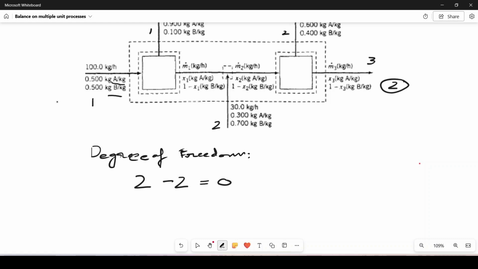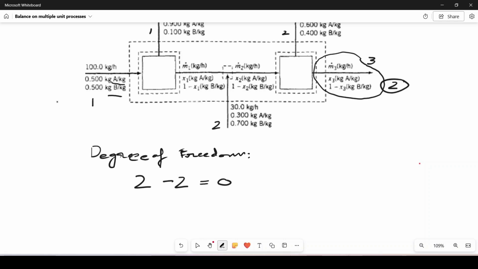So the degree of freedom on the overall system is 0. So this can be solved. First we can solve for these unknown variables, that are the mass flow rate going out in stream 3, and also the mass fraction of component A, and then you can calculate the mass fraction of component B.